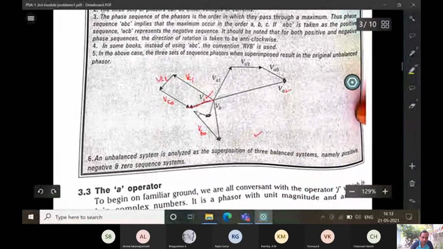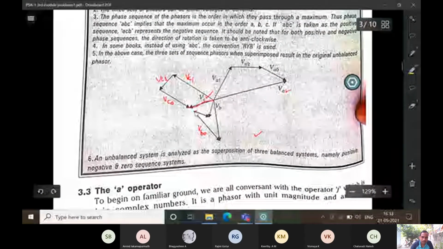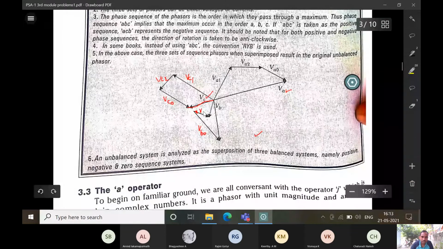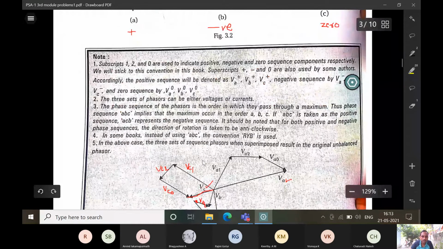So this direction is like this. This is VB2 and this one is VB1. Actually this is VB1.